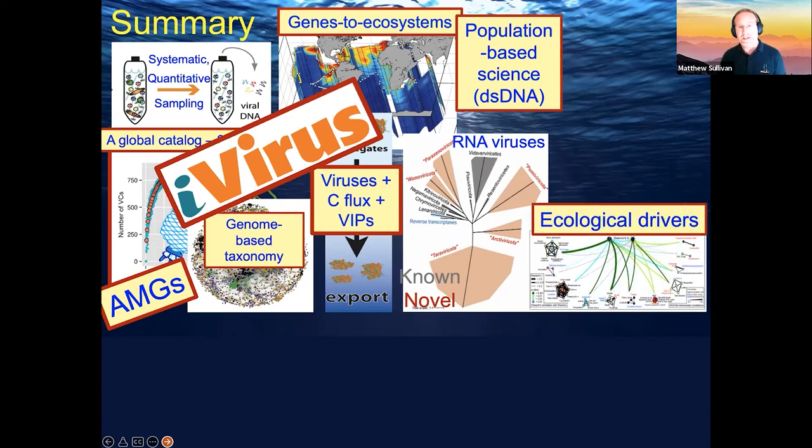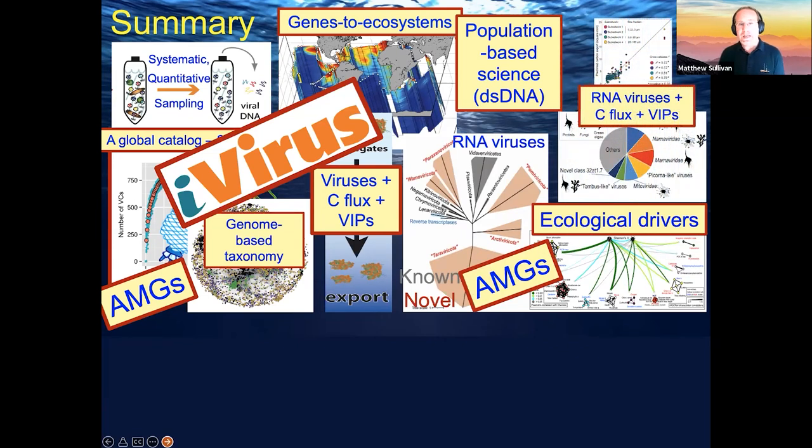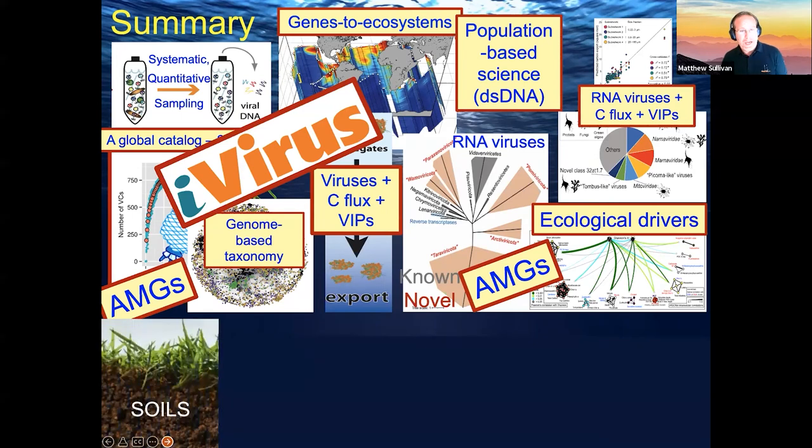And this has really been a basis to look at their ecologies, show that they also have cool metabolisms that they're tying into, and that they infect critical players in the biological carbon pump and strongly predict carbon flux in the oceans. And this is some of our oceans work.